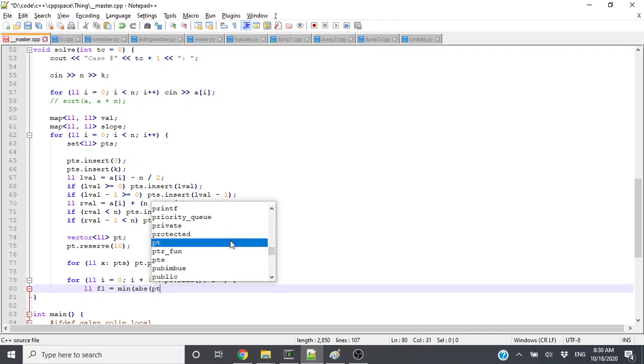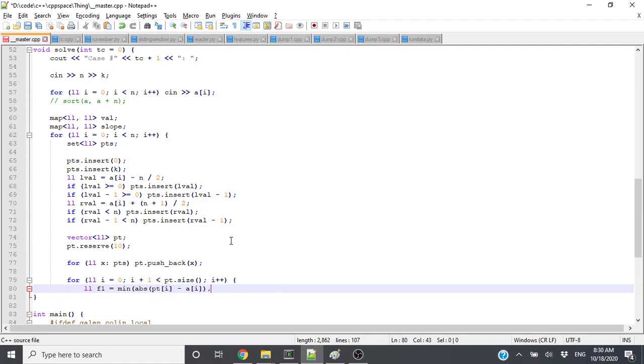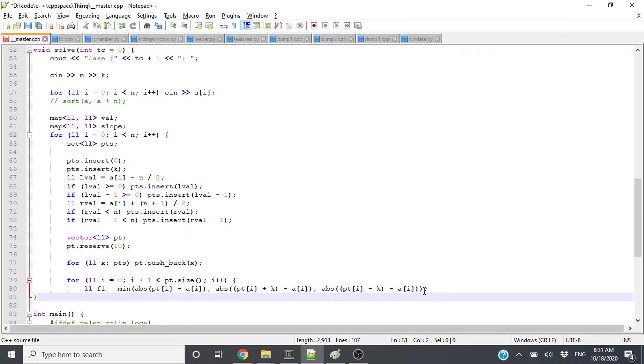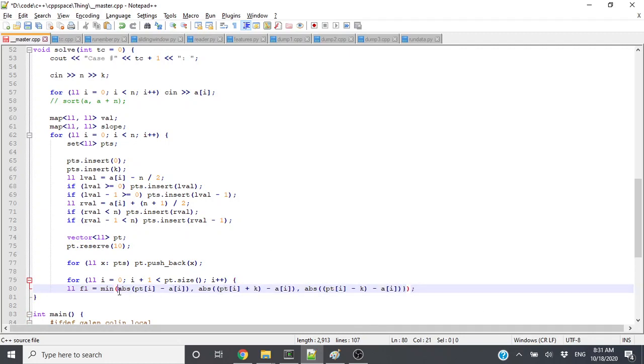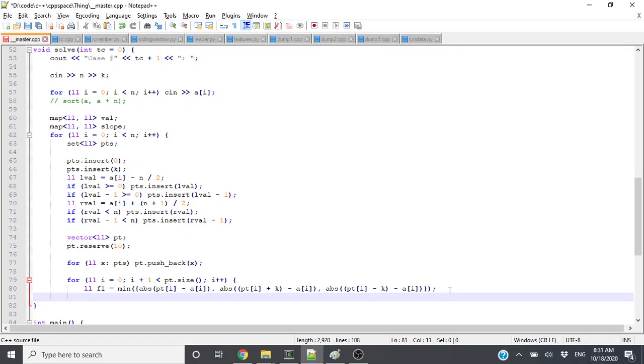So this is point i minus ai, abs, point i plus n, k minus ai, abs, point i minus k minus ai. Because we can either go from above, from below, or normally. This bracket just means you can do all three at once.